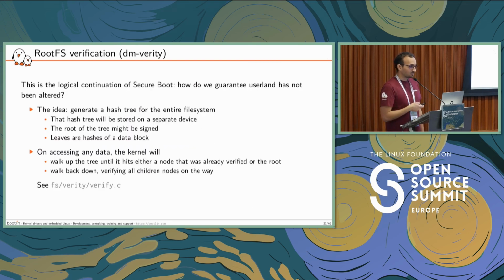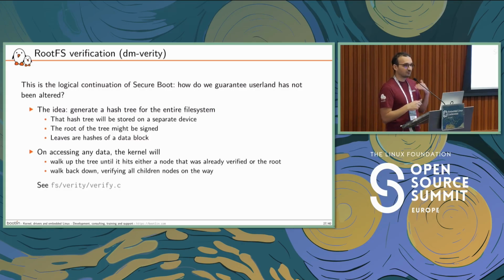So one problem here is that we still can change the root file system and get userland code execution, and that's already not good. So the answer to this is verification of the root file system. So the implementation in Linux is DM Verity. That's still in the same part of the Linux storage stack schema that I showed you before.